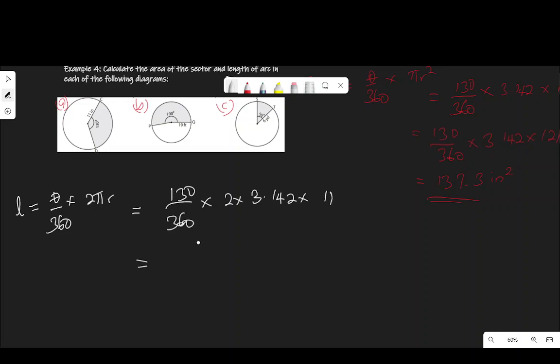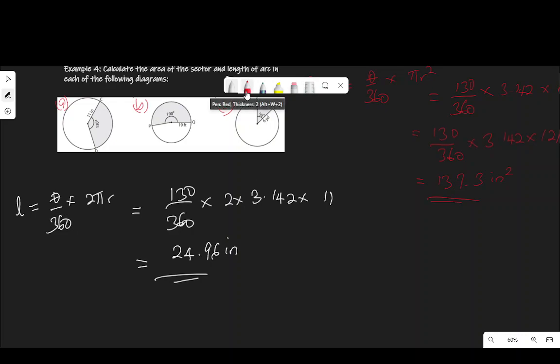Plug those numbers into the calculator. I have 130 multiplied by 2, that's 260, then multiplied by 3.142, multiplied by 11, divided by 360, that's 24.96. The unit is inches. Okay, that is it for question A.